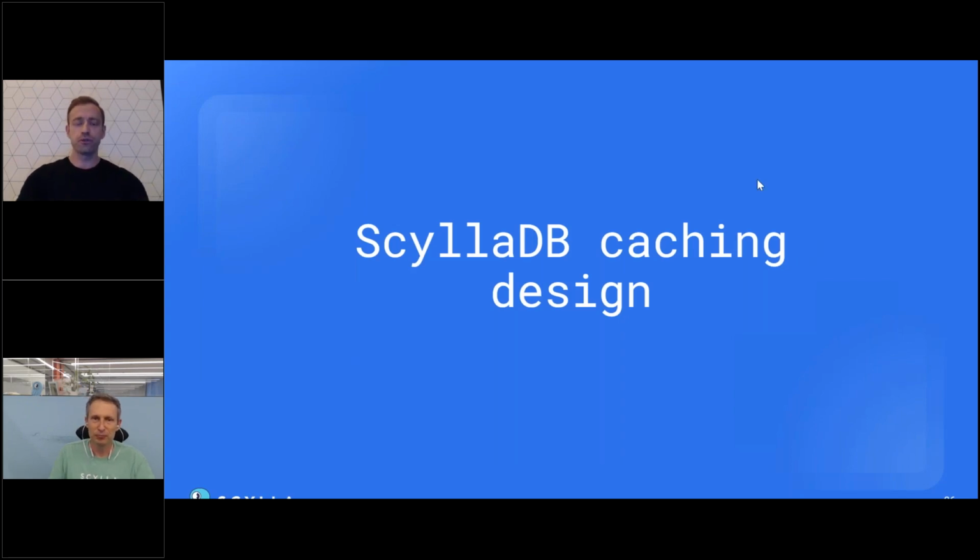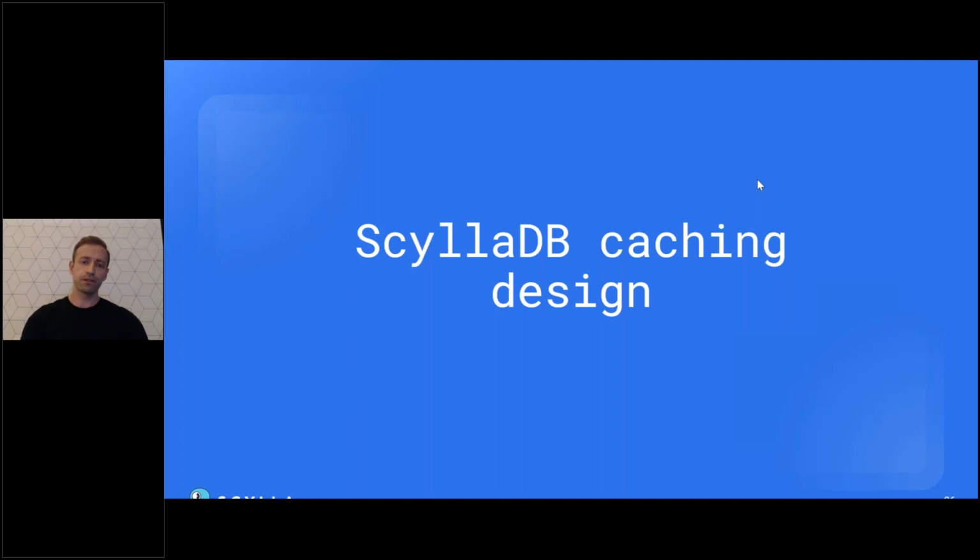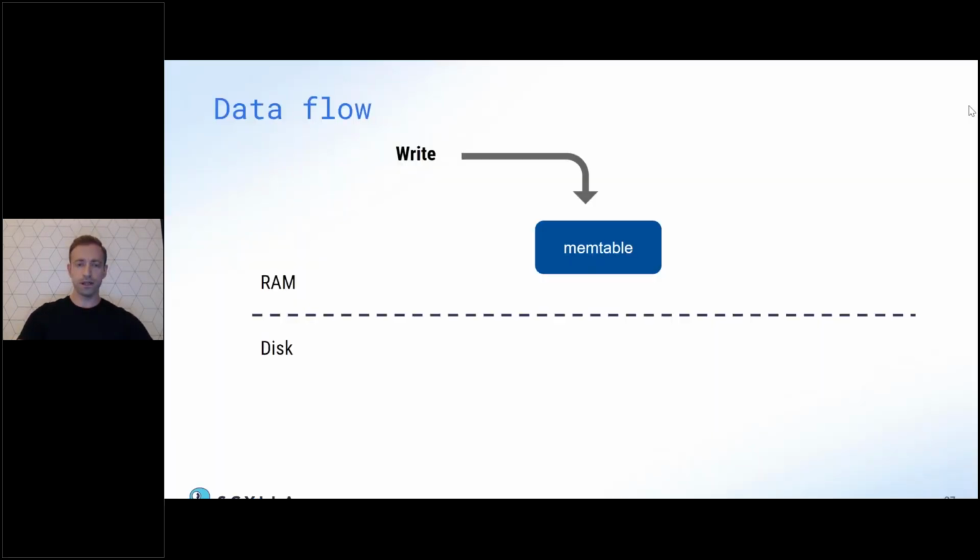So I will tell you a bit about some details of how cache is implemented in Scylla. Cache in Scylla lives on the replica side. So let's start by examining how the data flow looks on the replica side. When a write arrives at the replica, it first lands in a data structure called a memtable, which lives in memory, in RAM.